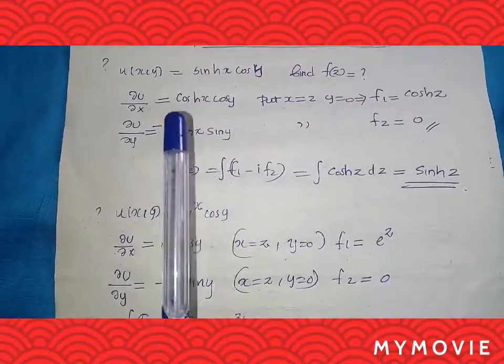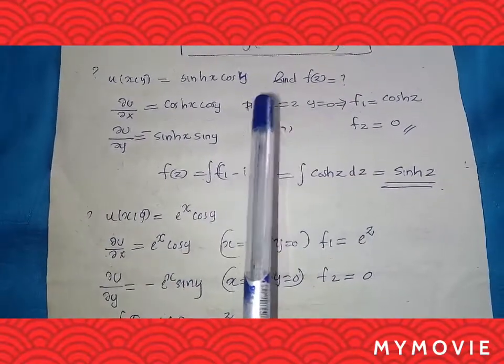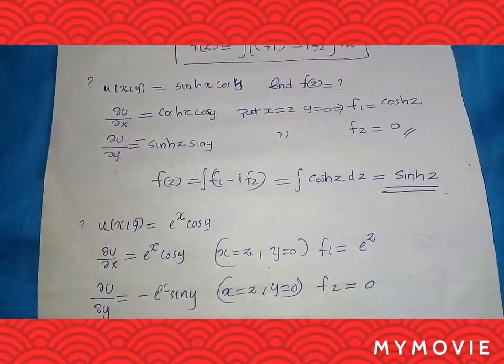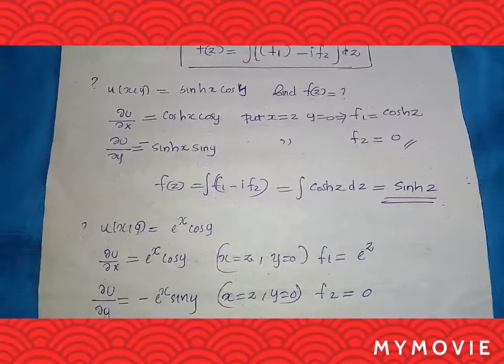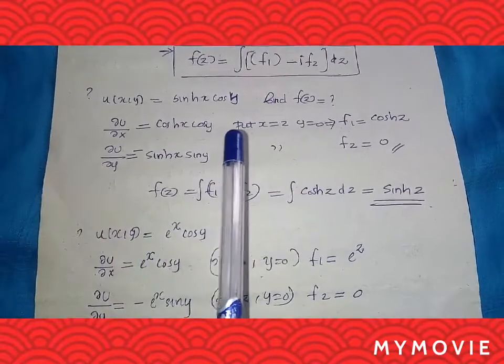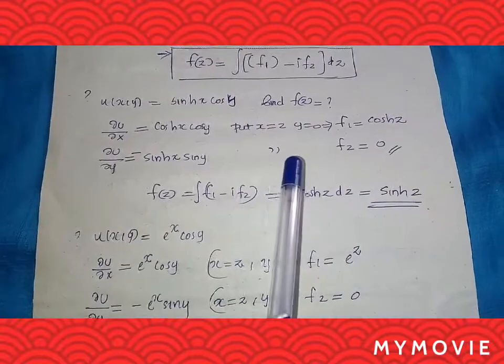Here u of x comma y is sin h of x cos y. Find f of z, that is the analytic function. So we know that dou u by dou x is the first step. Dou u by dou x is cos hx cos y. Put x equal to z, y equal to 0. f1 is equal to cos hz.